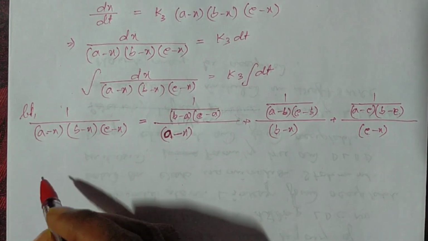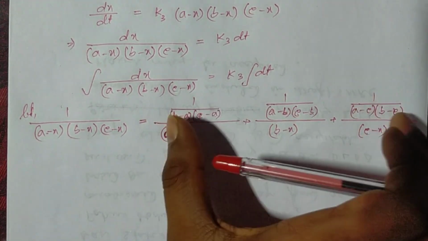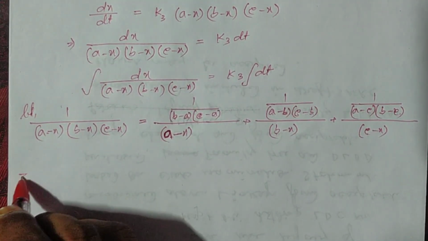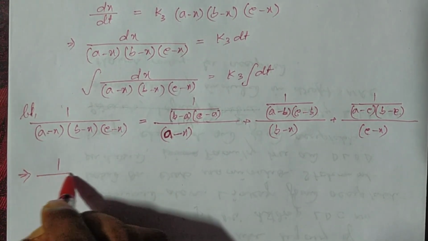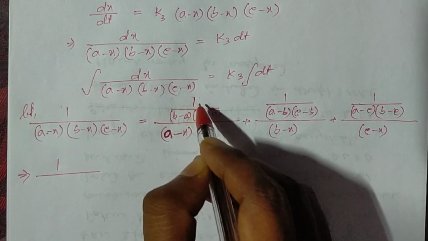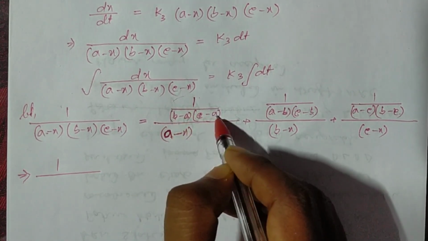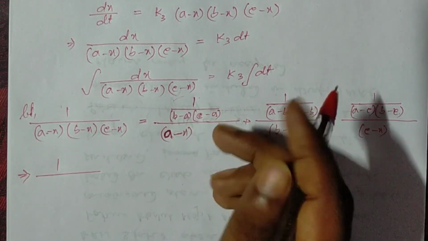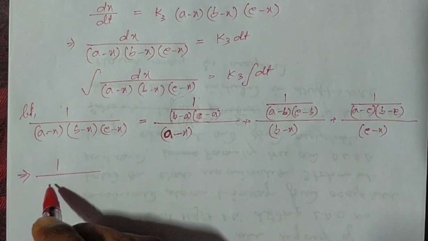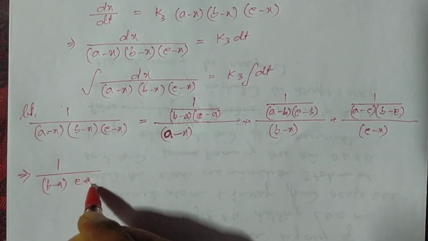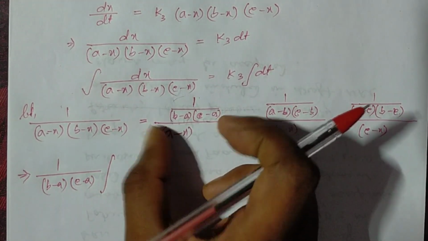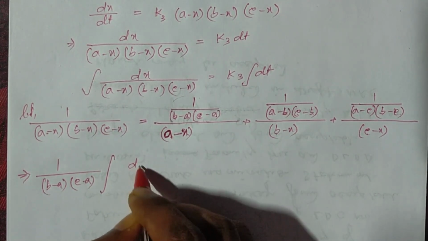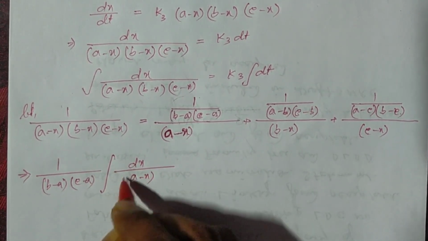So when we put this part in this equation, we will get the following. As 1 by (B minus A)(C minus A) is a constant part, we can write it in front of the integration, so it will be 1 by (B minus A)(C minus A) times the integration of dx by A minus x.